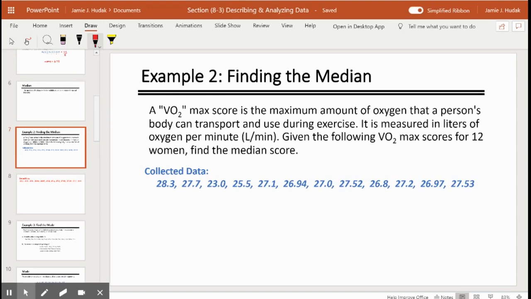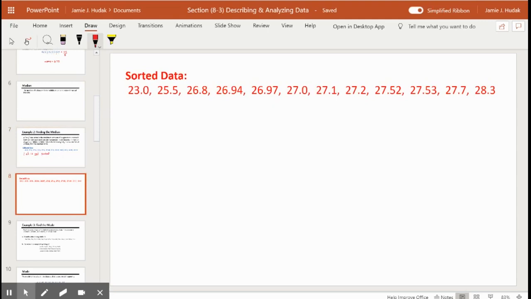Given the following VO2 max scores for 12 women, find the median score. And the first thing we have to notice is the list is not sorted. So the first thing we want to do is rearrange the list so that it is sorted.